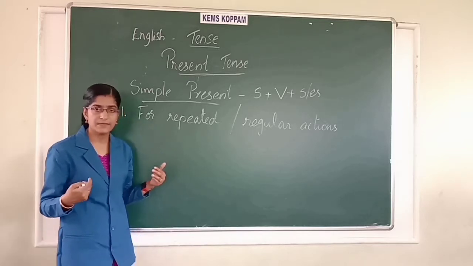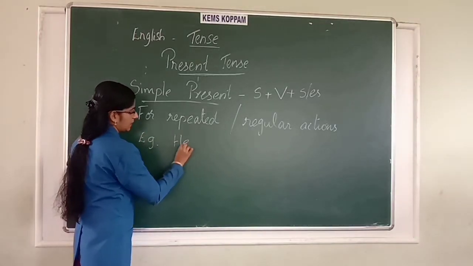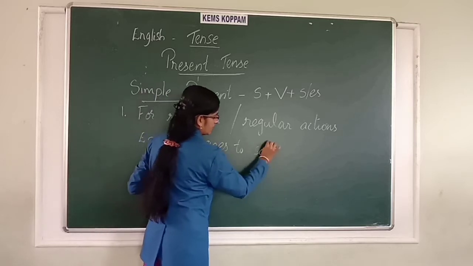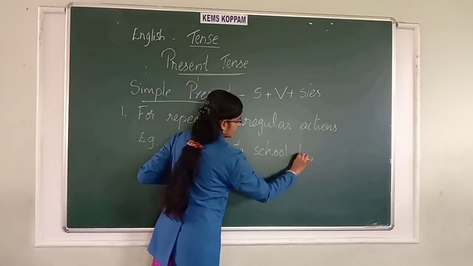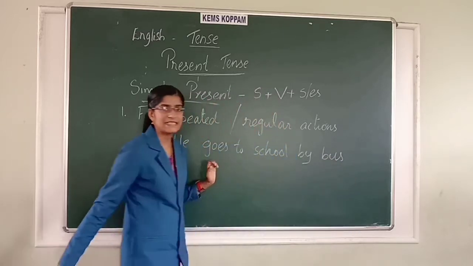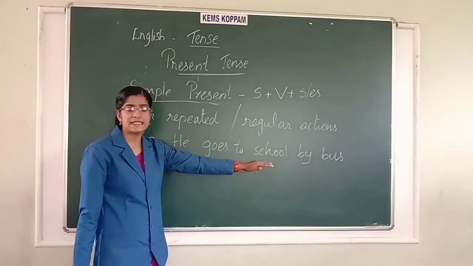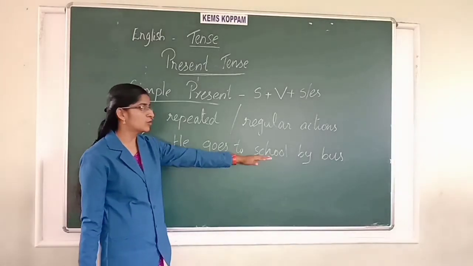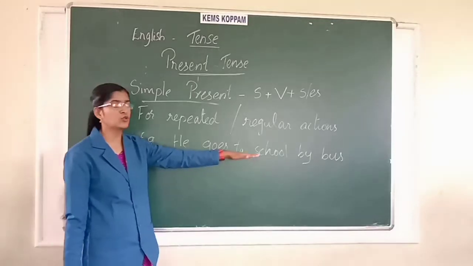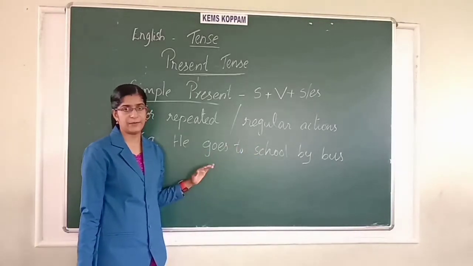Got it? For example, he goes to school by bus daily. You can say he goes to school by bus daily, or he goes to school by bus every day. So every day he goes to school by bus. So he is repeating that action every day.